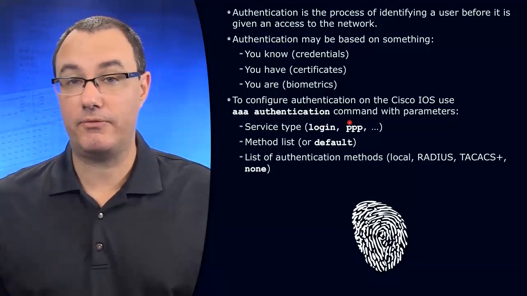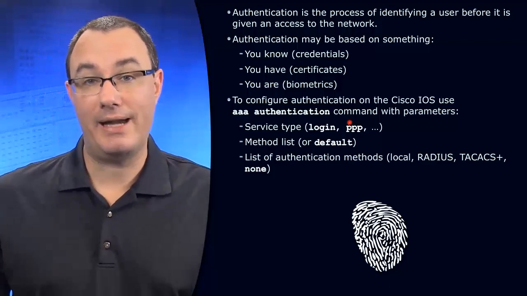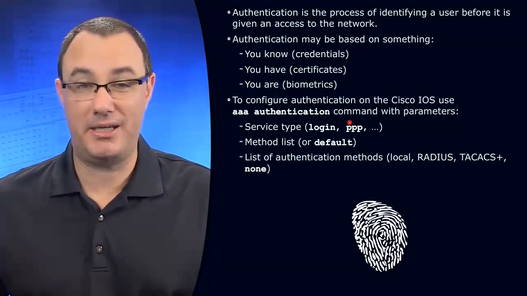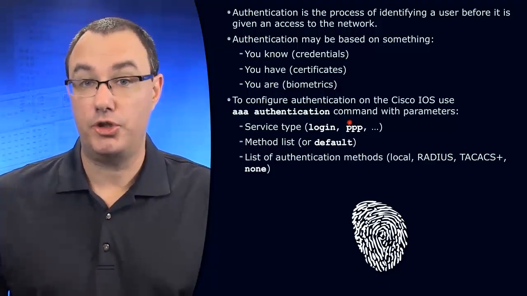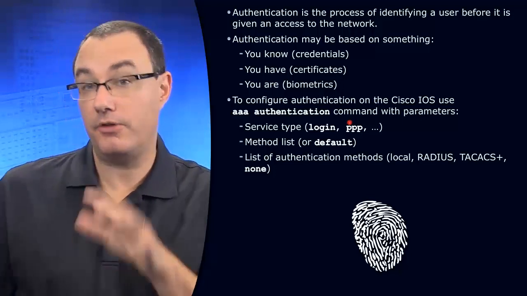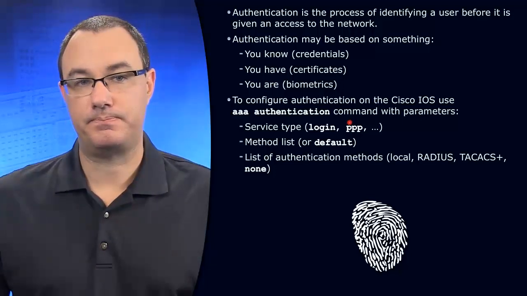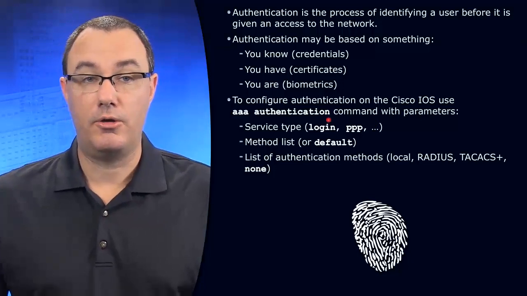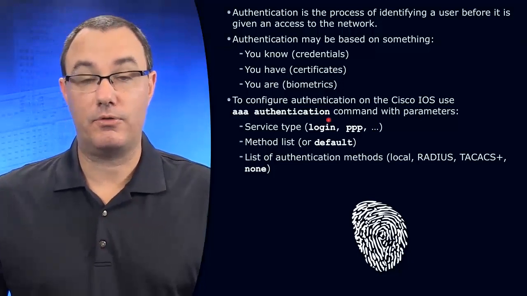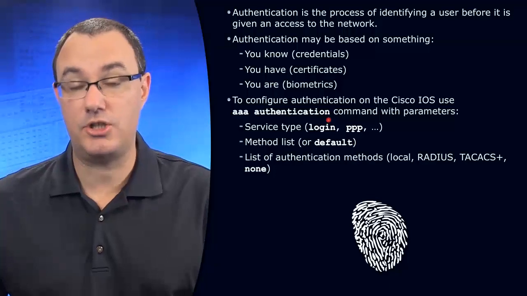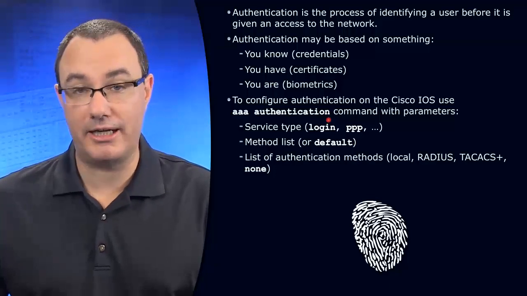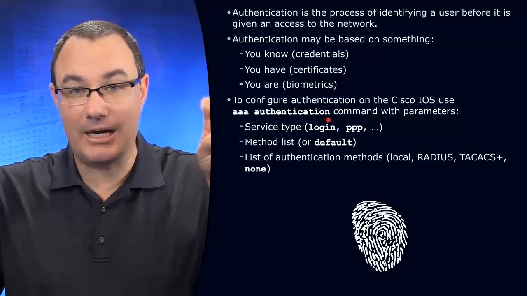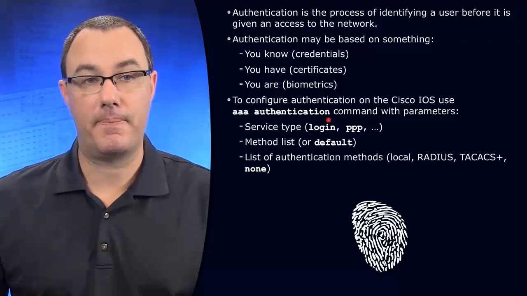If you're using PPP for PPPoE, PPPoA, or just classic PPP for WAN connectivity, you could authenticate the other side, whatever's out there. You could use .1x. But we're going to focus on AAA for logins, authorization for logins, people who are logging in to get what is called character mode access to our gear.